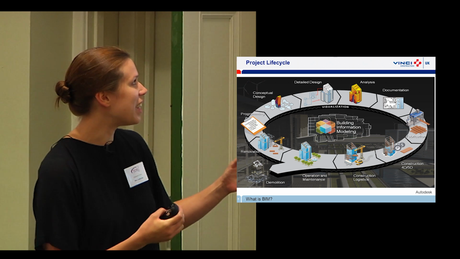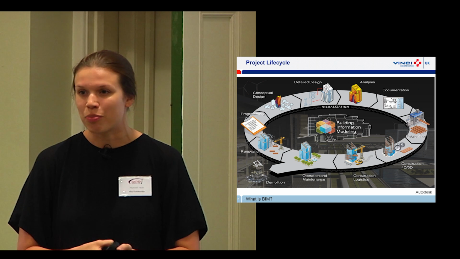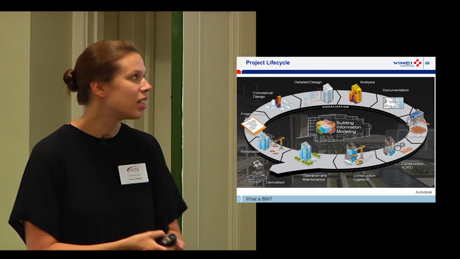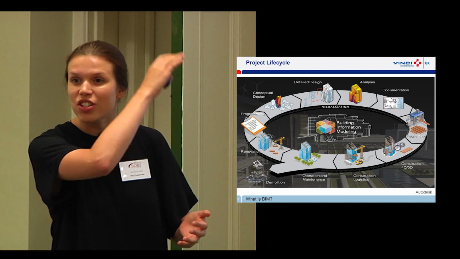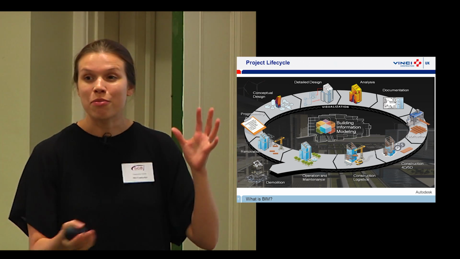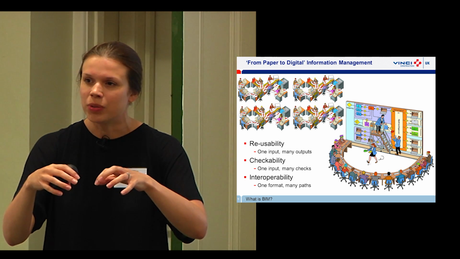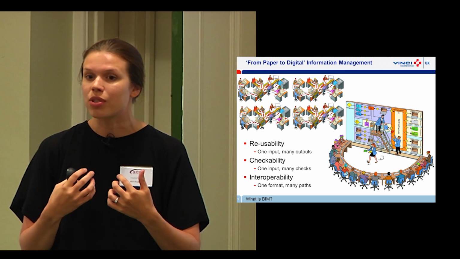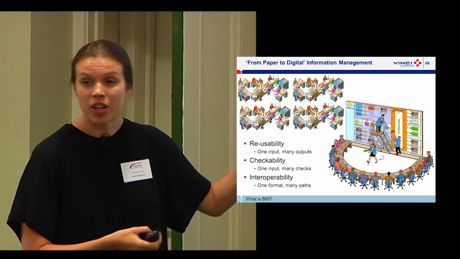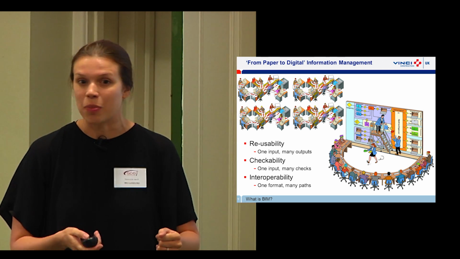As you can see here, you've got building information modelling in the middle. That's your process of producing 3D models. And then at each stage around your project lifecycle, you'll have information feeding in from each of those work stages. So you'll be adding information into that model, but you'll also be taking information out as well. That runs all the way from the start of your project through to when you demolish.